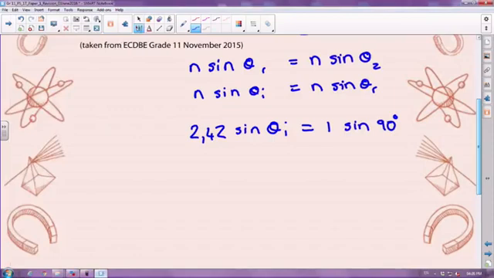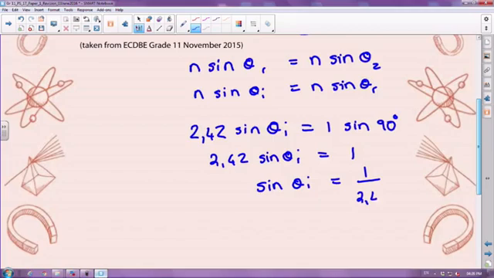So what we've got here is 2.42 sine theta equals 1. I want to know what the angle is. So sine theta is going to be 1 over 2.42. So my theta should be the inverse or arc sine of 1 over 2.42.